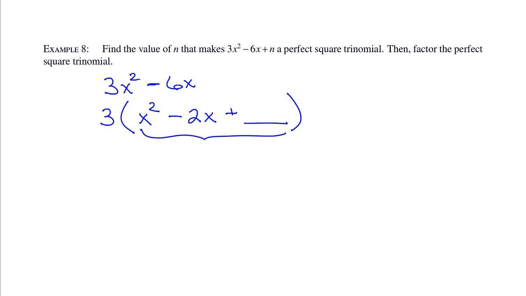So we take 1/2 of the b term, and I'm just going to use 2. It's really a negative 2, but you can do the negative sign later. 1/2 of 2 is 1, and then you take that 1 and you square it, and you get a 1 again. So what goes in the middle here is 1.